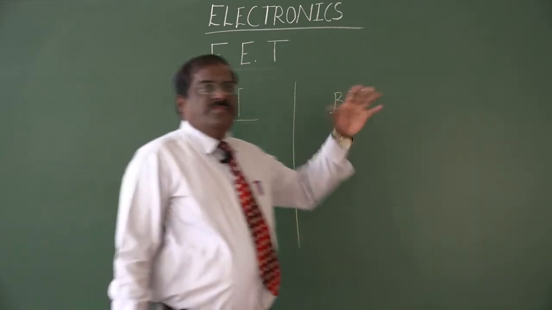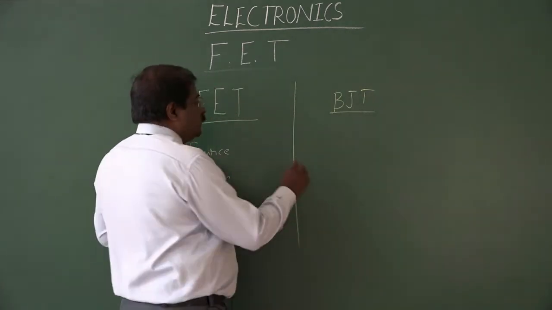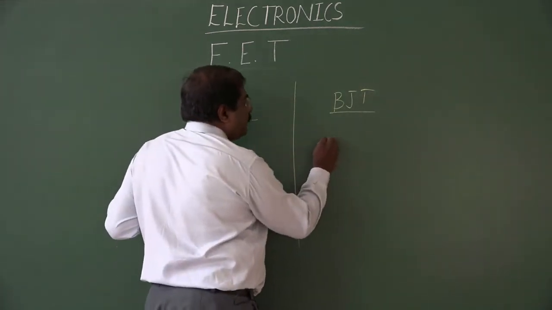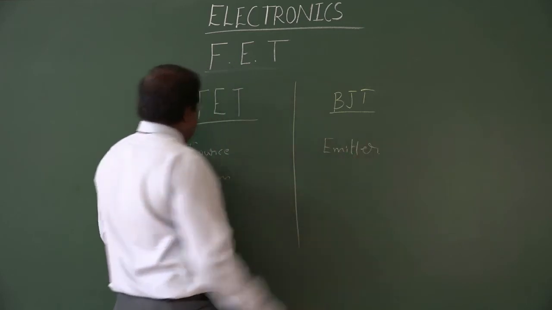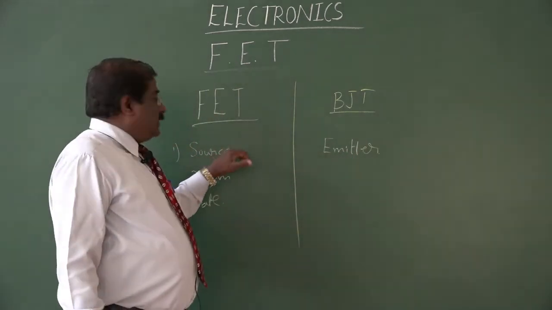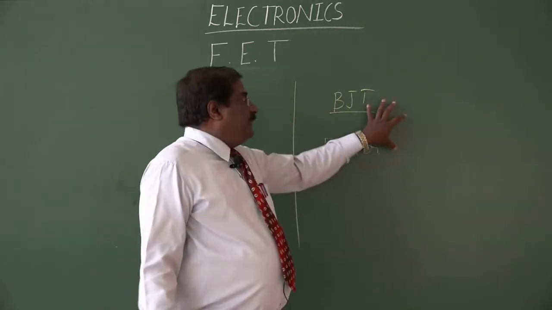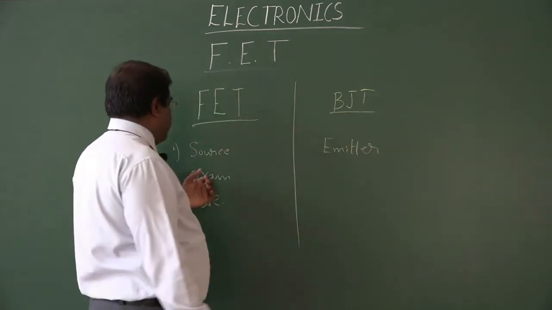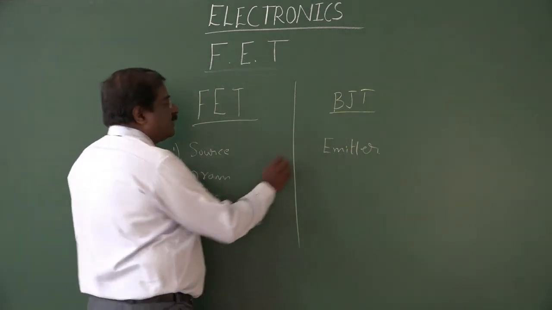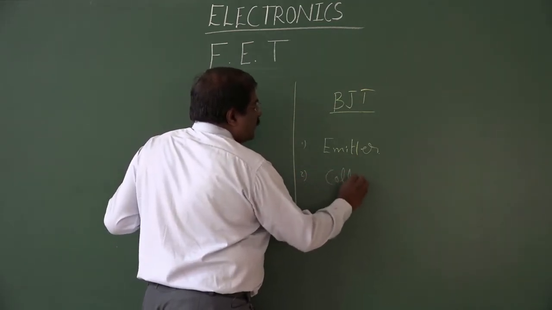Whereas in the case of PNP or NPN transistors, the source equivalent is the emitter. Here majority charge carriers take part in the conduction process. Also in the BJT, the emitter emits the majority charge carriers. Drain, that is, it collects, so here we call it the collector.